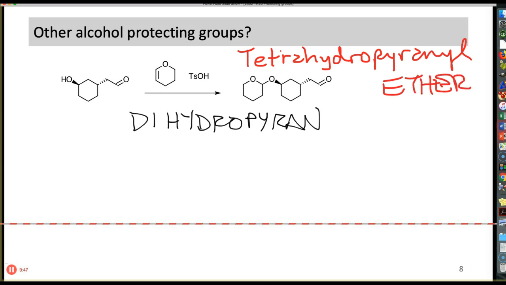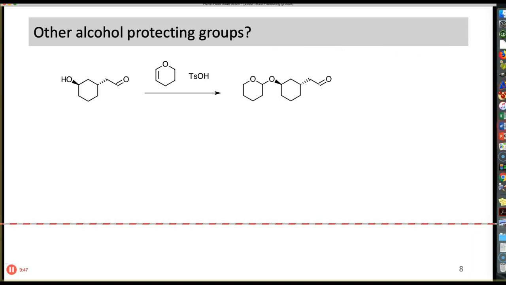Okay? In other words, to introduce you to the wide world of acronyms in organic chemistry, this is DHP, and this is a THP ether. So I've just protected my alcohol by adding dihydropyran under acidic conditions and made this THP ether.